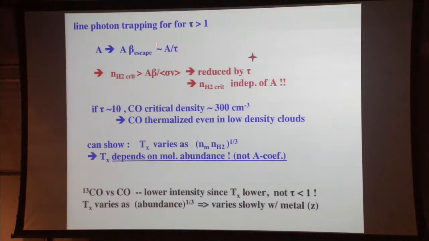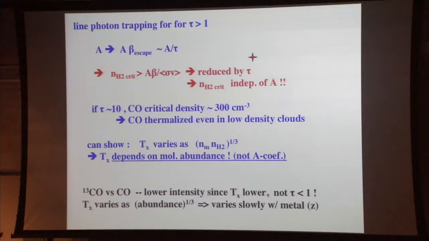Now remember that tau, of course, has a factor which is the matrix element in it, or the A coefficient. So in fact, the A coefficient cancels out now. And the critical density now is just given by A beta divided by sigma V. It's independent of the A coefficient.